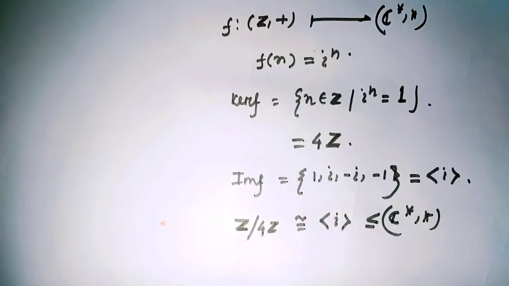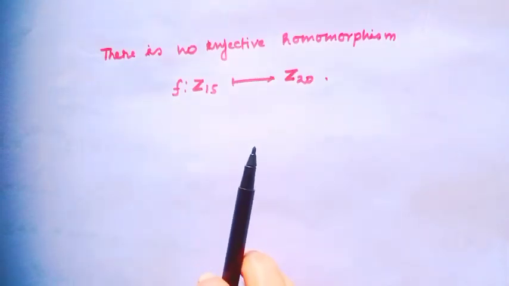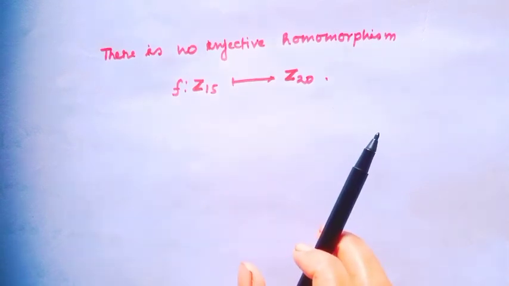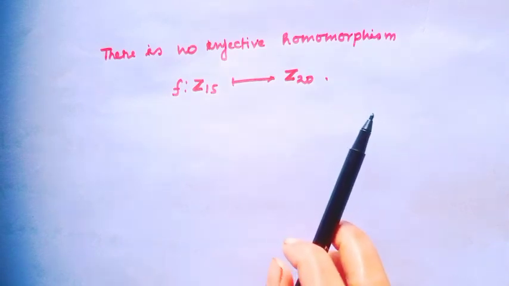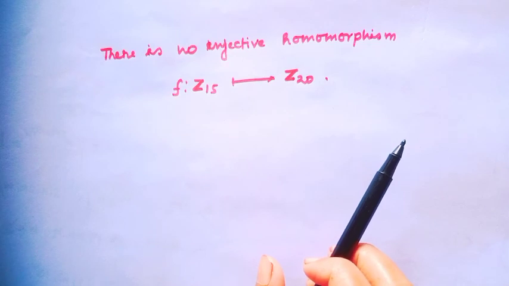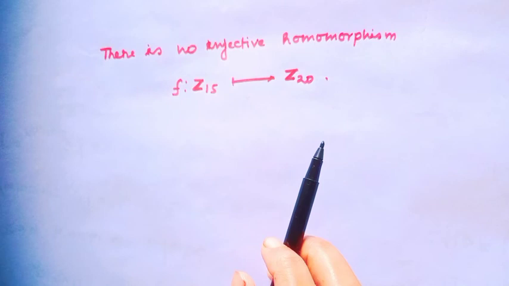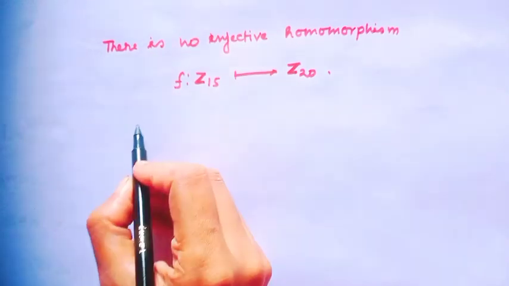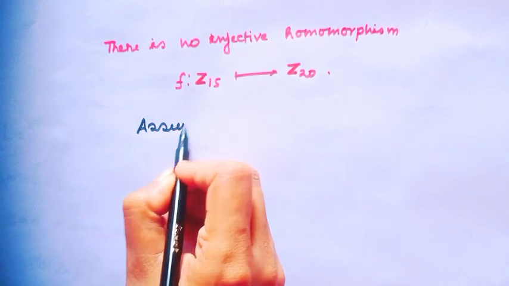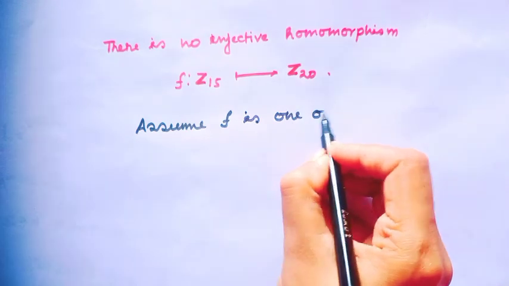Are you getting this? Now let's see one example, and this type of example is very important for any competitive exam. Prove that there is no injective homomorphism f from Z15 to Z20. I will prove by contradiction. Assume f is one-one.